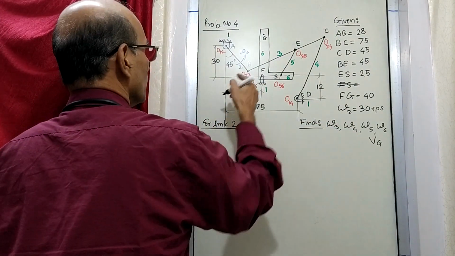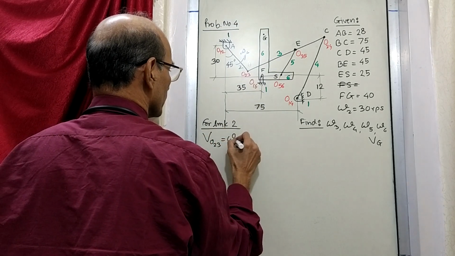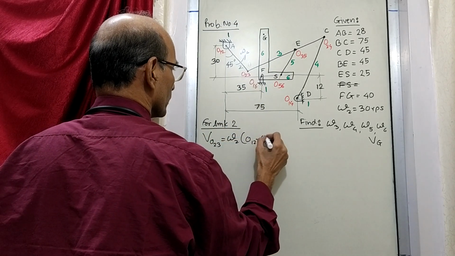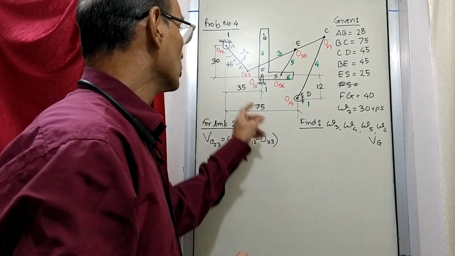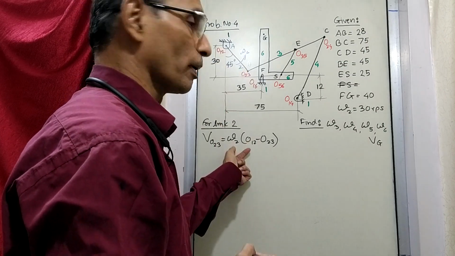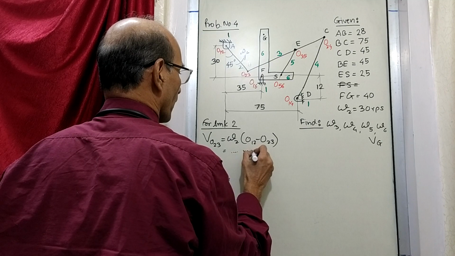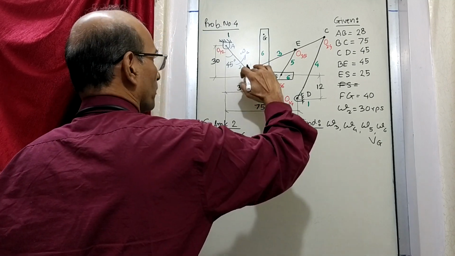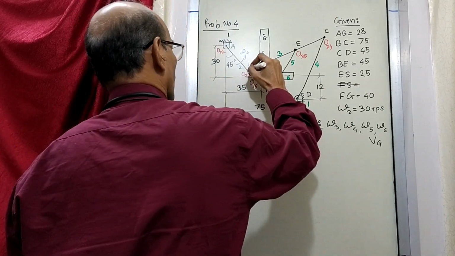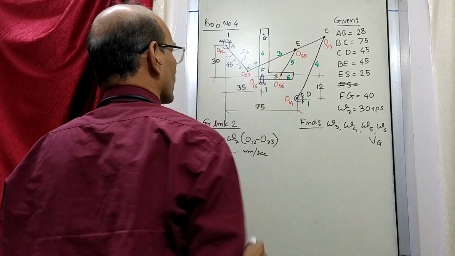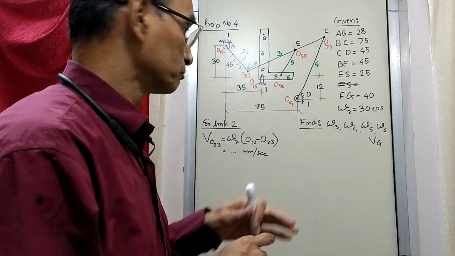So first we write velocity of O23, V equal to omega into R. So O12 to O23 distance is known, omega 2 is given. So we know this velocity, and it is perpendicular like this. You can show this in the figure and write the name.